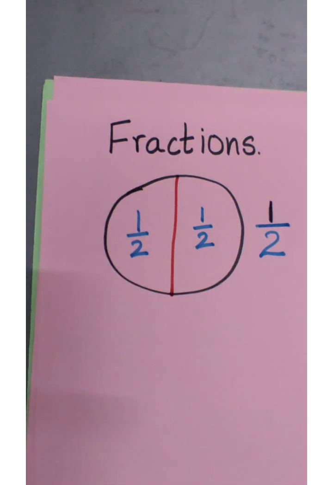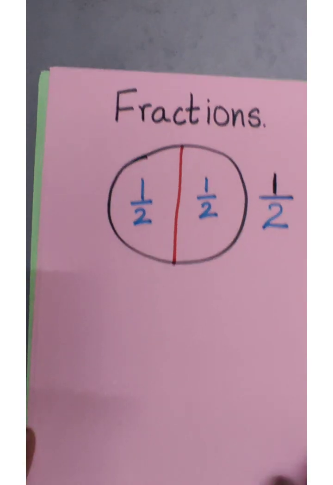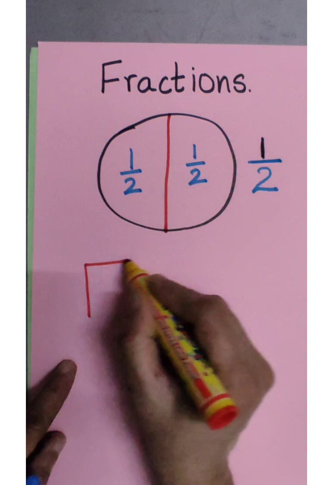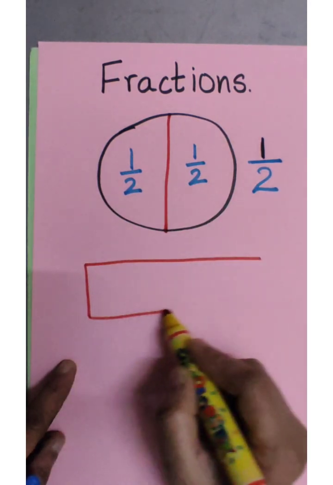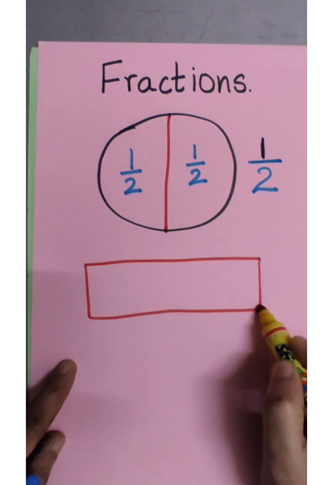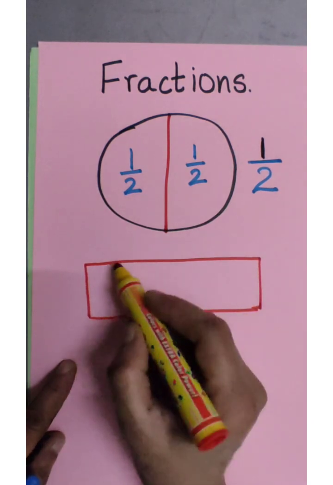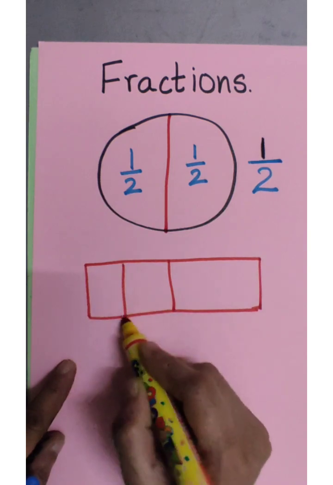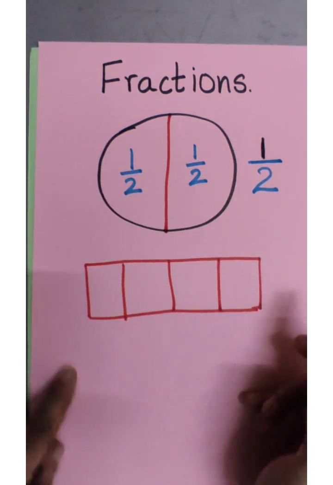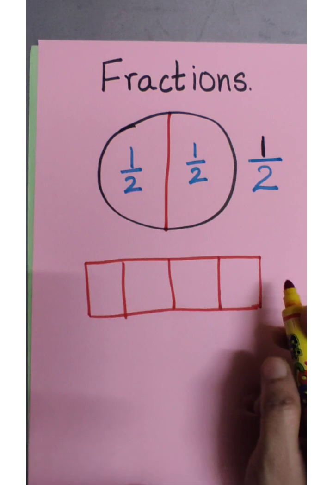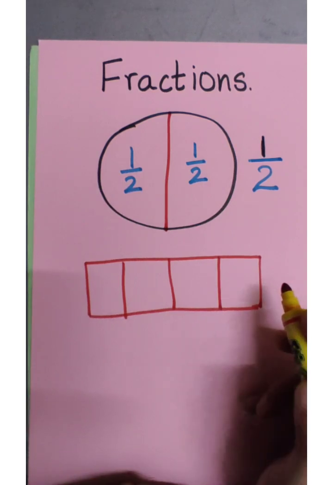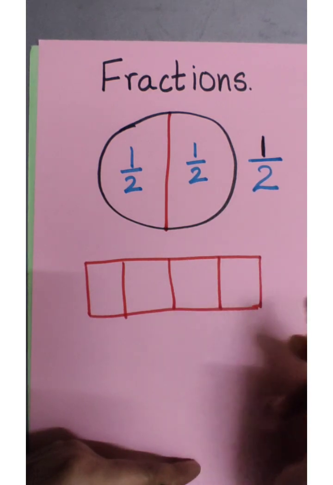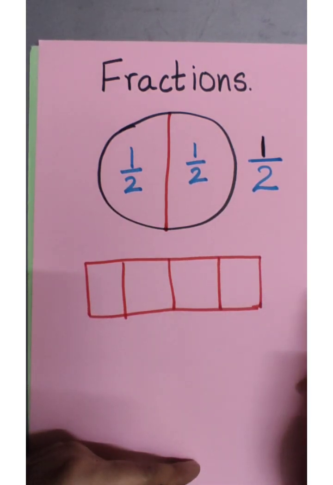Now let us see if I have a piece of cake which is rectangular in shape. If I divide this piece of cake into 4 equal parts and I am distributing one part to 4 people. So I wanted to divide this cake into 4 parts because I wanted to give it to 4 different people.